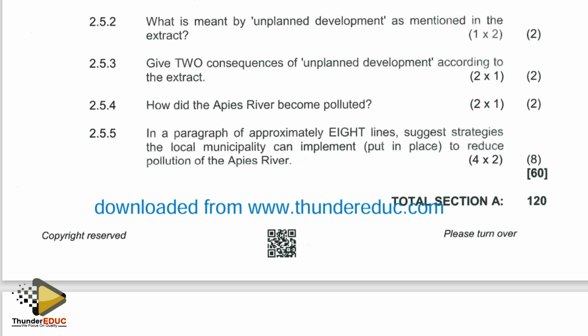Then we can also talk of private-public partnership. The municipality can partner with private businesses to find solutions to the problem of water pollution, of river pollution. Engaging with private entities can also help enhance resources in case the municipality or the local government is crippled in terms of its financial capacity to deal with the problem.